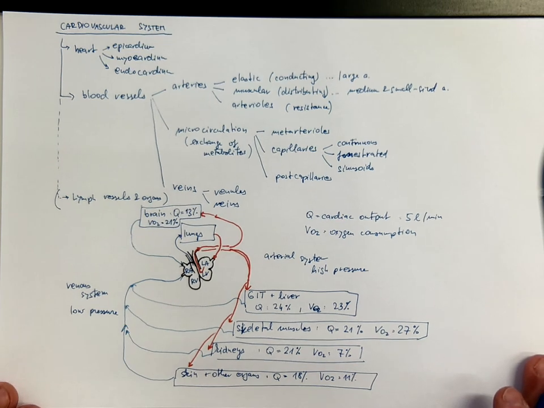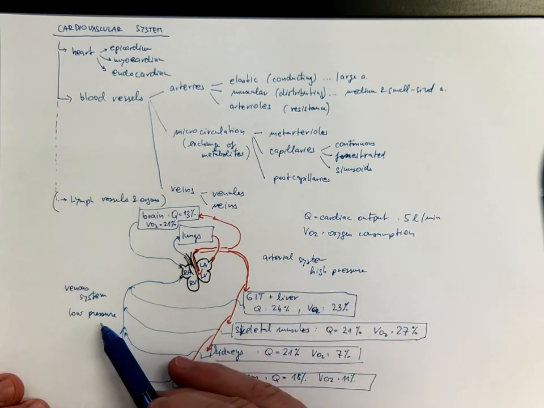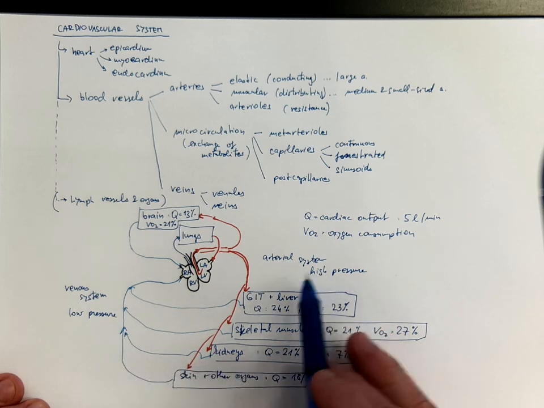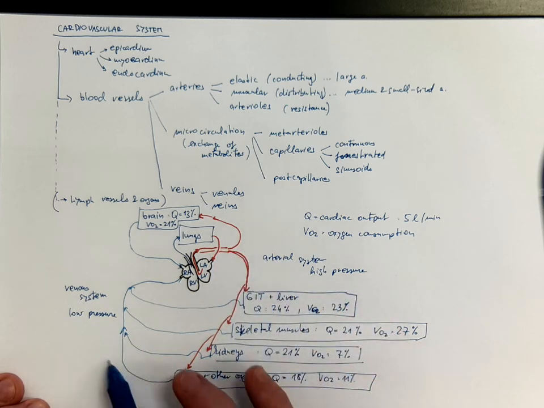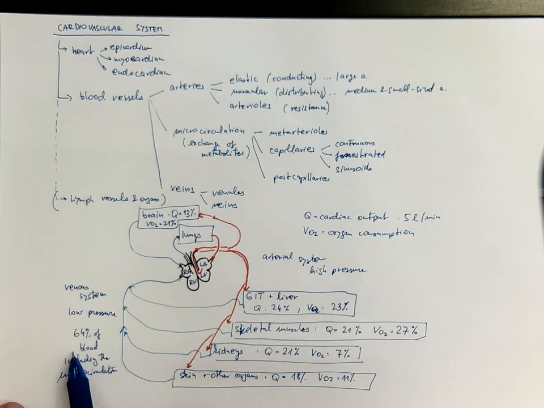And we'll consider the histological structure of the arteries and veins with respect to their position in their circulation. The majority of blood in every moment resides in the venous system and in the microcirculation.